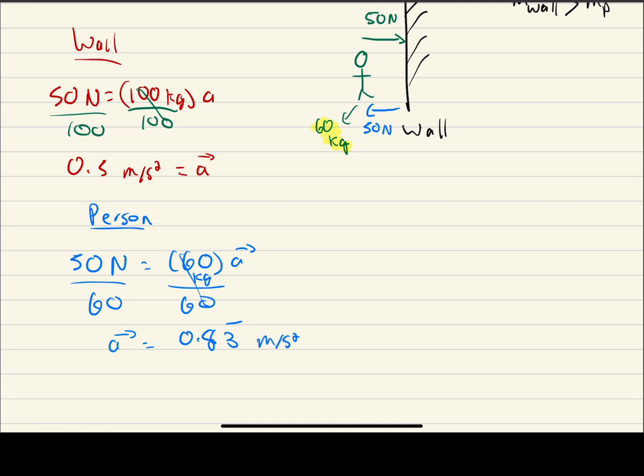And so we could see that while they both experience the same force of 50 newtons, the acceleration is more for the human being. And again, we were being conservative here. All this really means when you look at the two accelerations is the person moves a lot more.